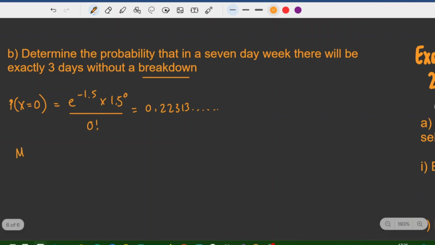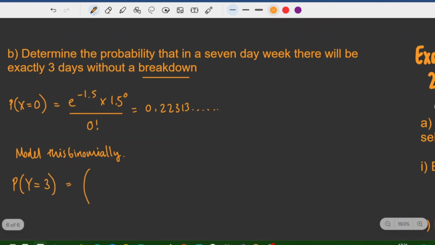Okay, now we want to model this binomially, where x is equal to 3, because it's exactly 3 days without a breakdown.